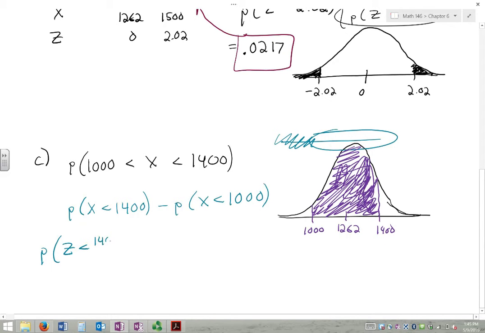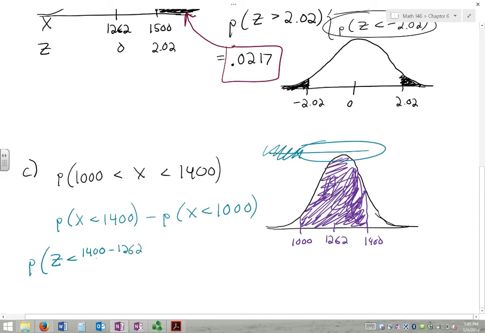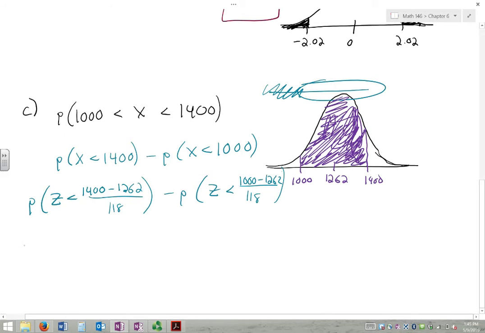Z is less than 1400 minus 1262 over 118.